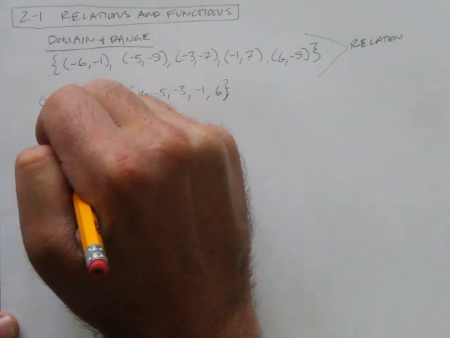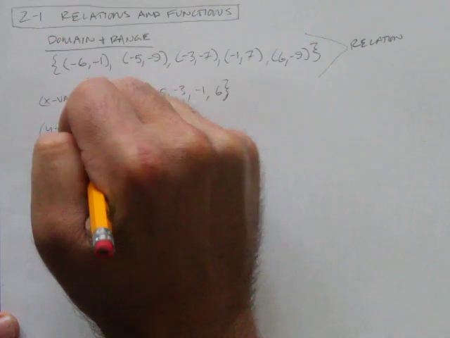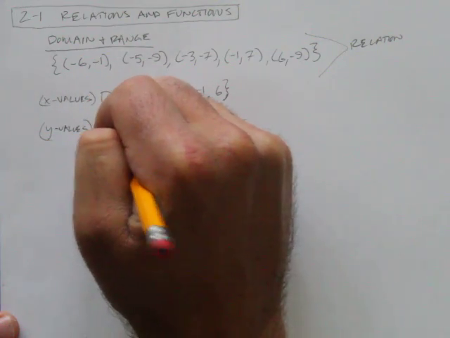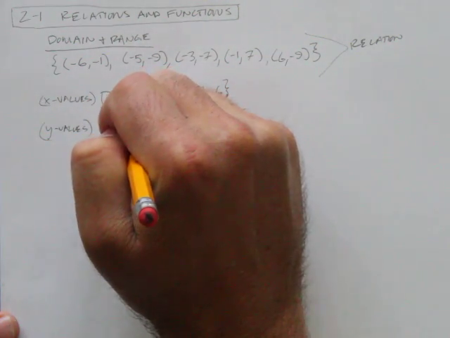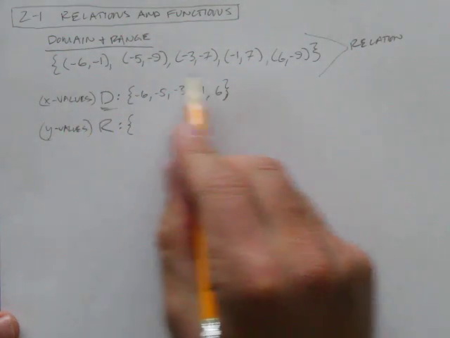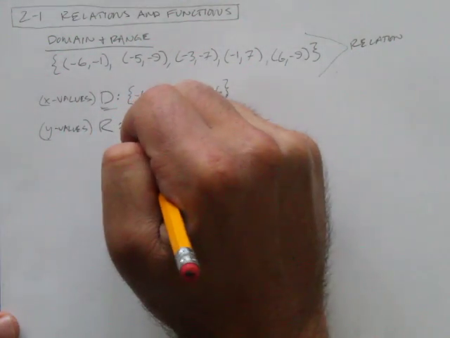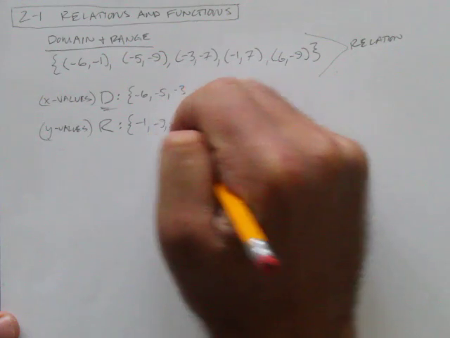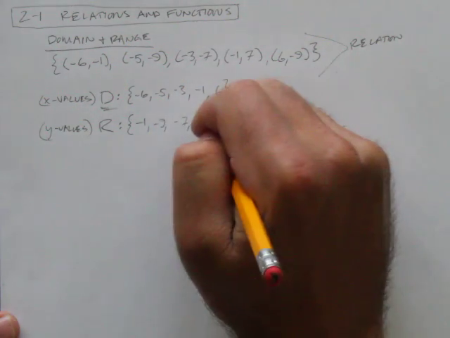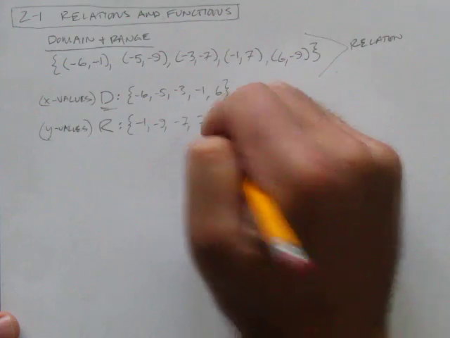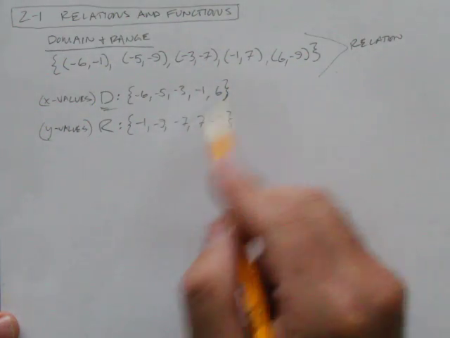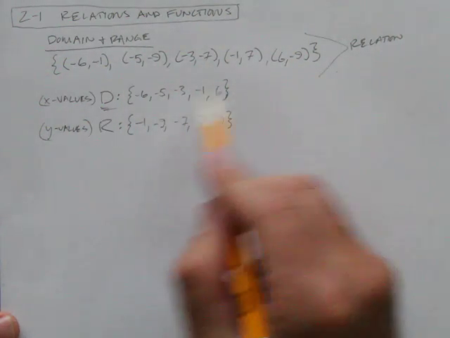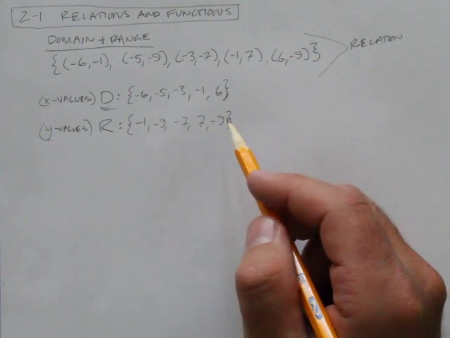My y values are the range. And so I just look at my y values that are part of this relation. I've got -1, -9, -7, 7, and -9. So I'm just looking at the y values and putting them in the range. The x values represent the domain.